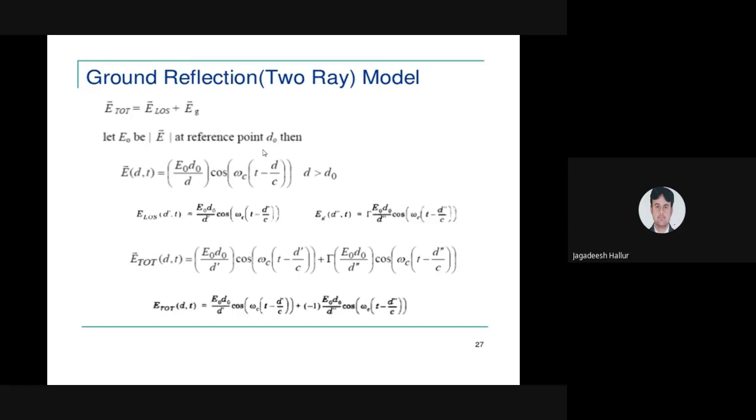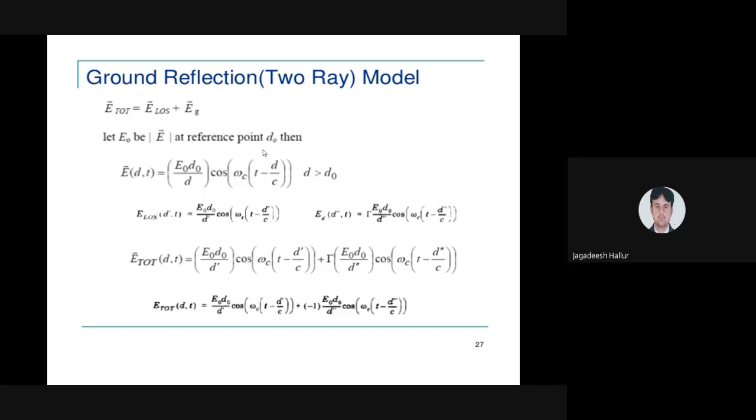E total at (d, t) equals, what is the first equation? You have to write E LOS, the direct line of sight equation: E naught d naught divided by d dash, cos of omega c t minus d dash divided by c, plus gamma E naught d naught divided by d double dash, cos of omega c t minus d double dash divided by c.